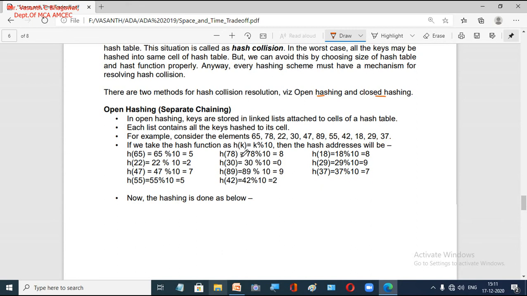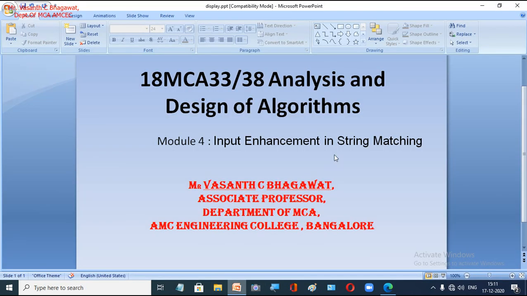Clear? So with this, we are trying to end this concept called time and space trade-off. What all the things we have discussed in space and time trade-off is about input enhancement. How we are going to take extra information from the given input of our problem.